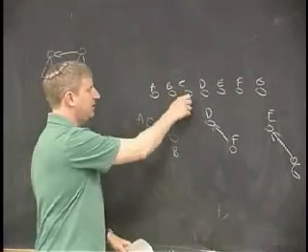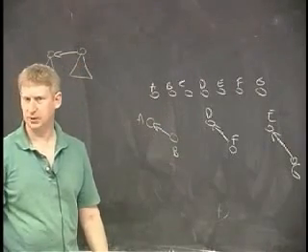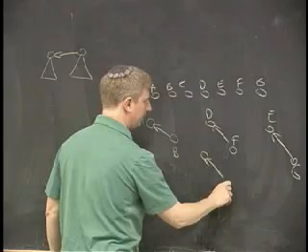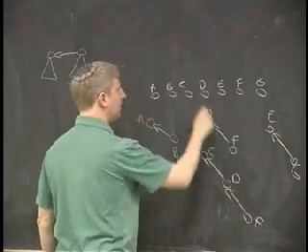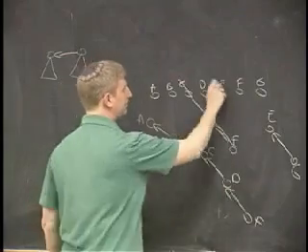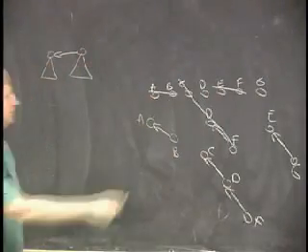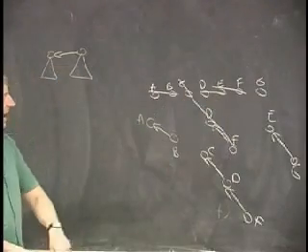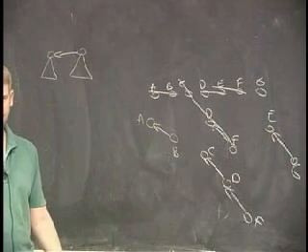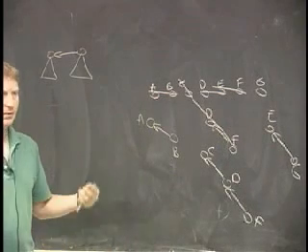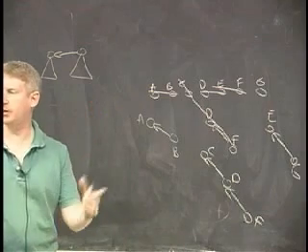We can either connect the D to the C or the C to the D. So here's what we got. A set of AB, a set of CDF, and a set of EG. That's what we do. Parent arrays, the parent pointers move around to connect different sets.